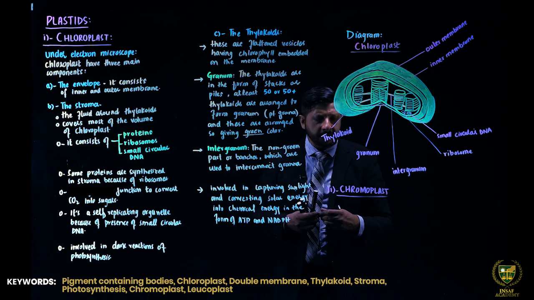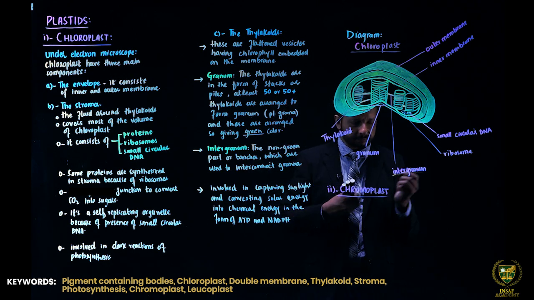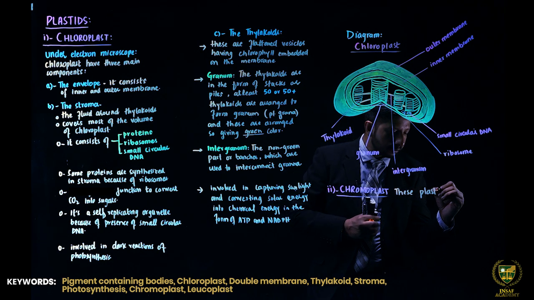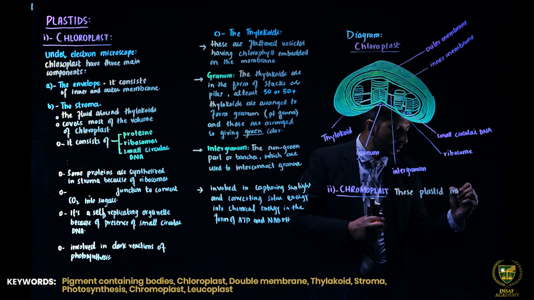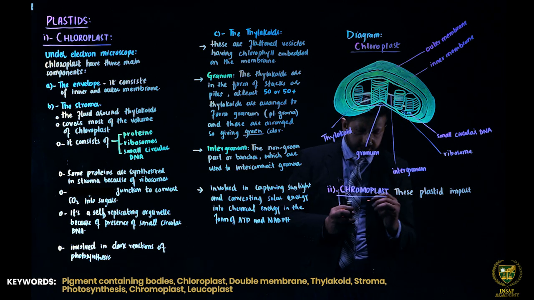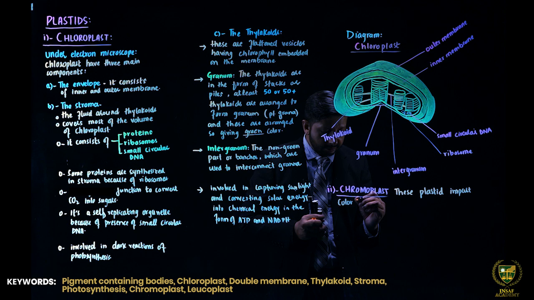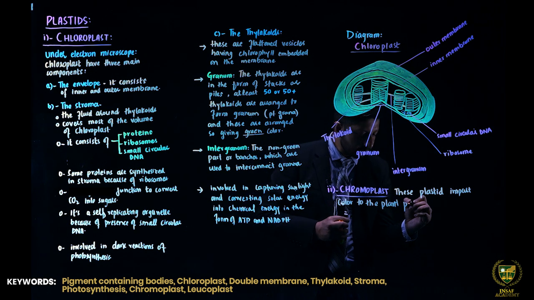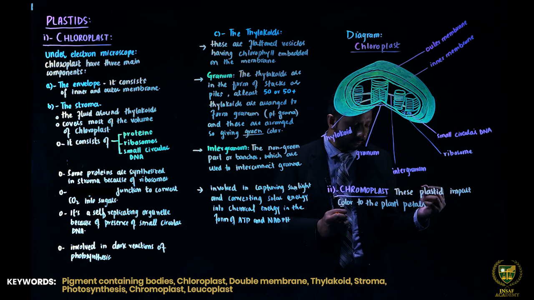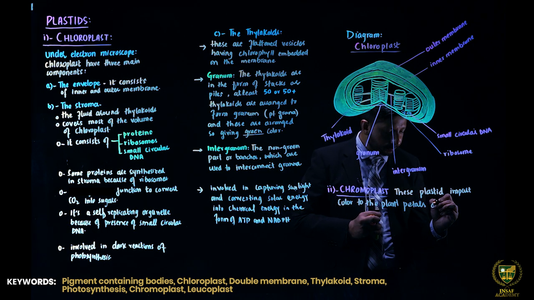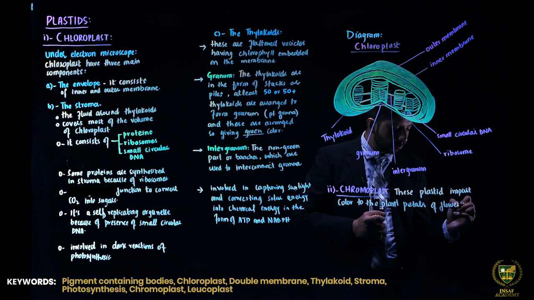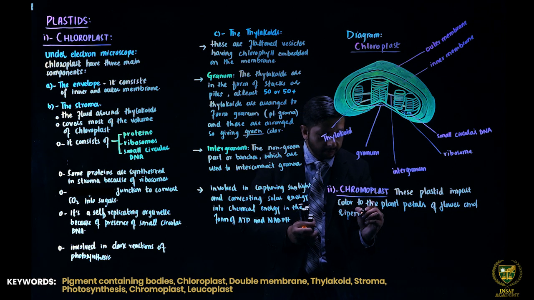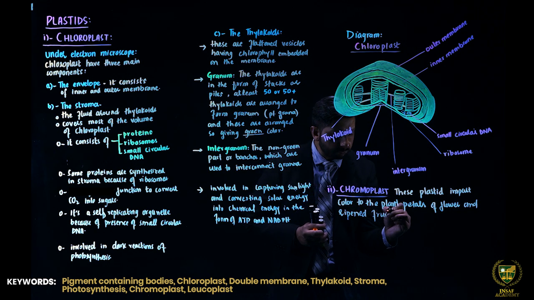Chromo means color. And these plastids impart color to the plant, petals of flower and ripened fruit.